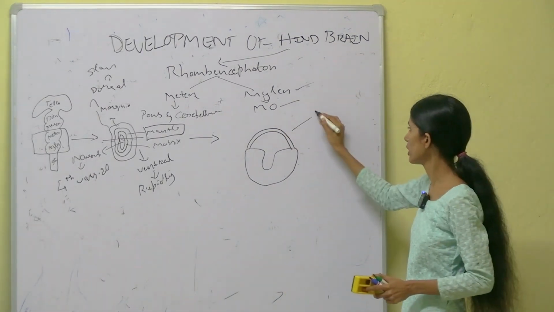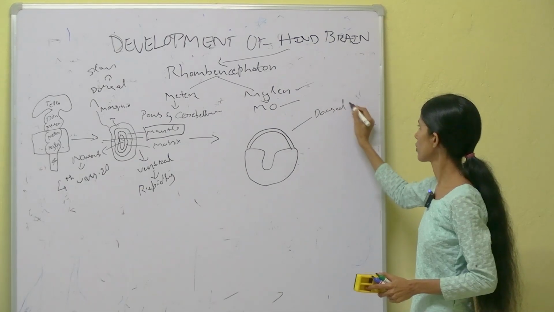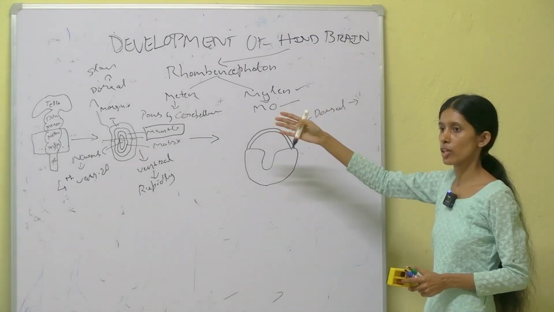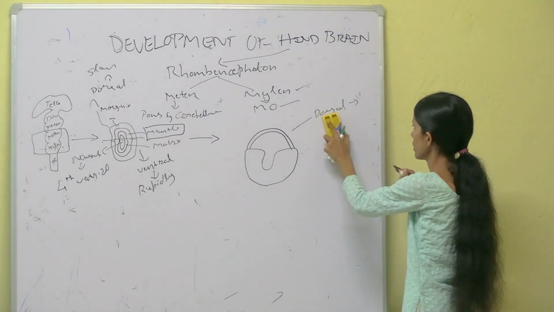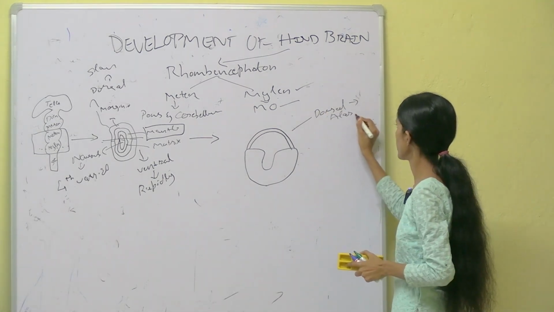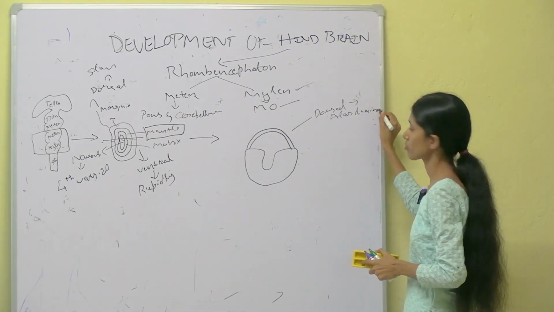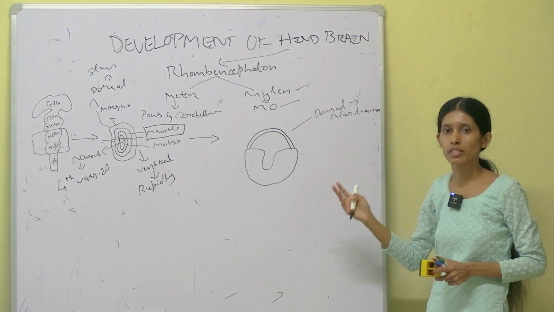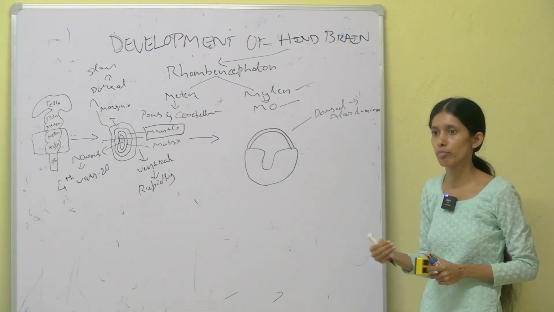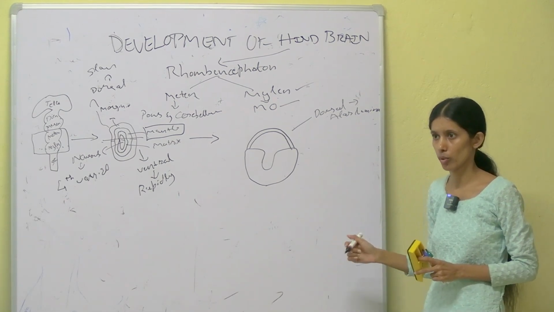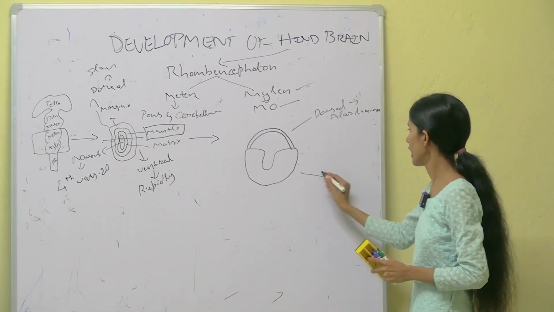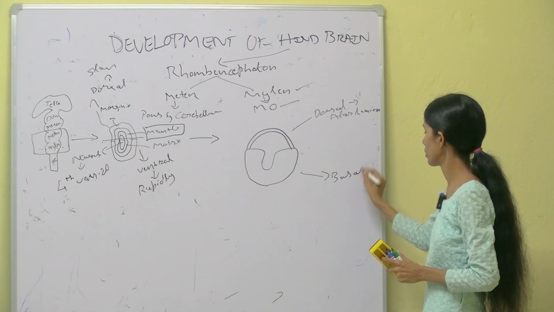This is the dorsal part now, which is similar to the structure of your spinal cord. So we call it alar lamina. For alar lamina and basal lamina, in a few textbooks they even mention alar plate and basal plate. You can remember it like that also. And this is your basal lamina part.